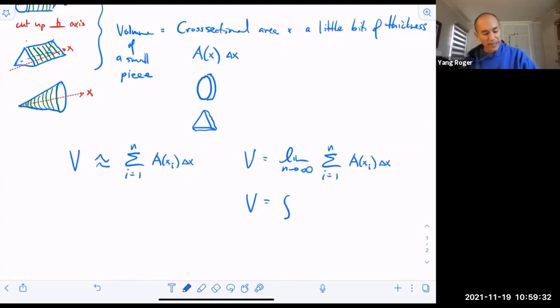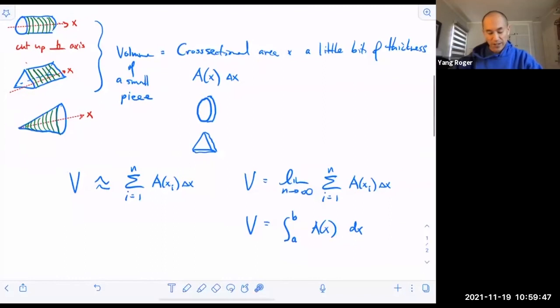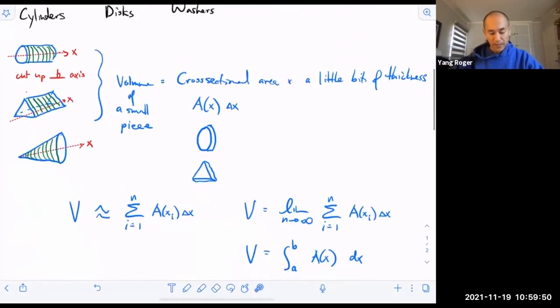So you'd have to indicate what your starting point and ending point of your x values are. And then you just integrate the cross-sectional area. Okay, so this is the basic idea for this cross-sectional area situation.